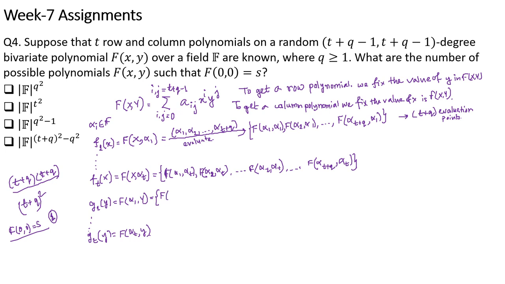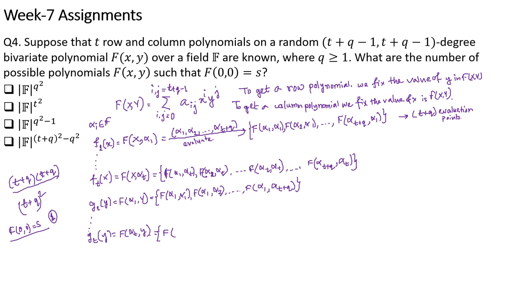We get f(alpha 1, alpha 1), f(alpha 1, alpha 2) till f(alpha 1, alpha t plus q), and so on till gt(y).